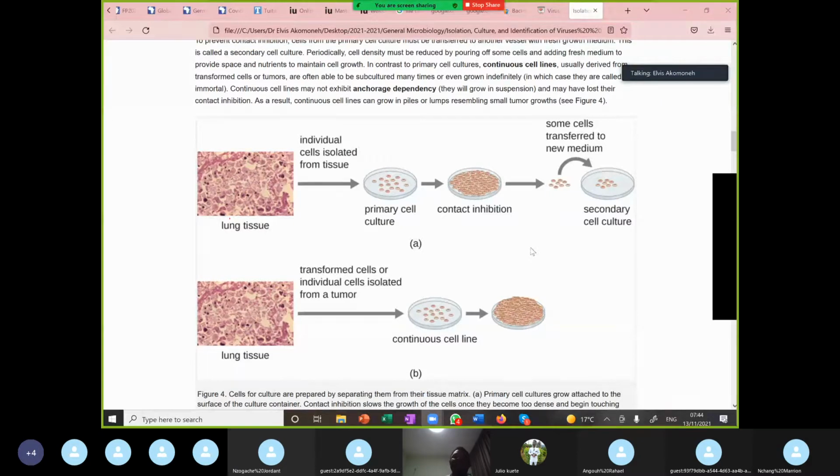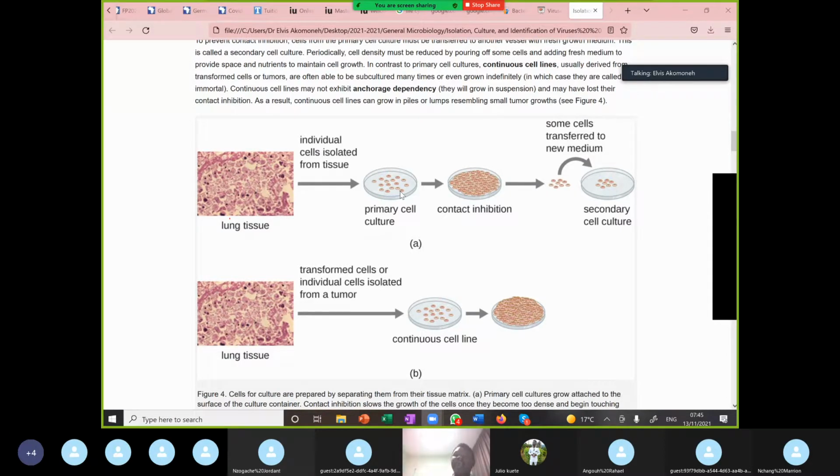In a primary cell culture, we simply harvest tissue cells from a tissue. It could be a human tissue, a kidney tissue, or liver cells, either from a human, a monkey, and so on. When we harvest these tissues, we put them on a plate culture, and then we infect them with a viral solution.